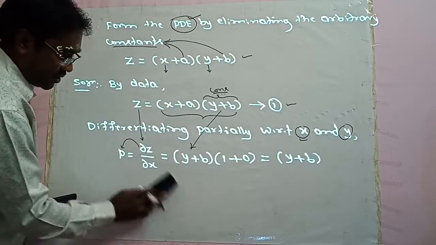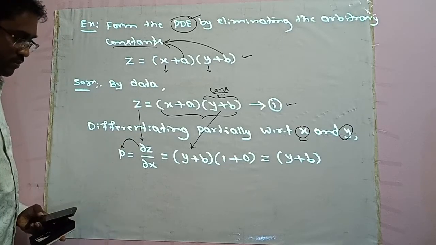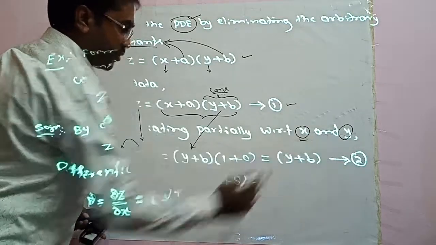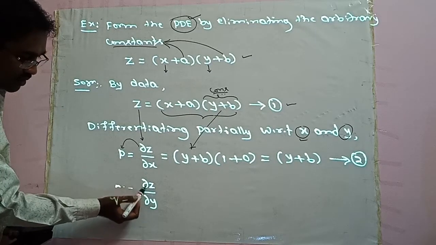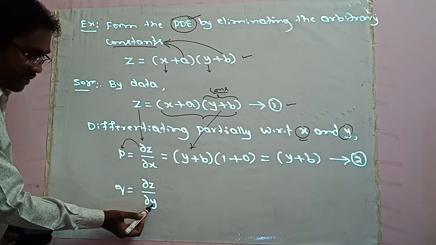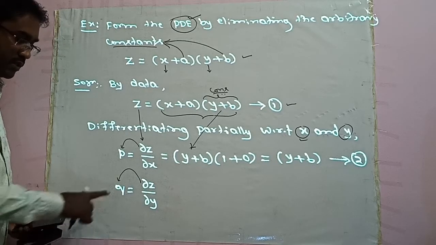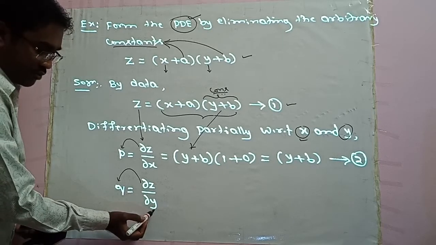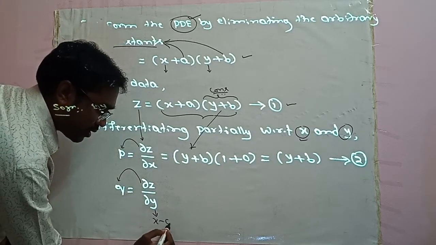Now let us differentiate our z with respect to y. Call it as 2. Dou z by dou y: differentiation of z with respect to y partially is denoted as small q. Now since we are differentiating with respect to y, x will be constant.